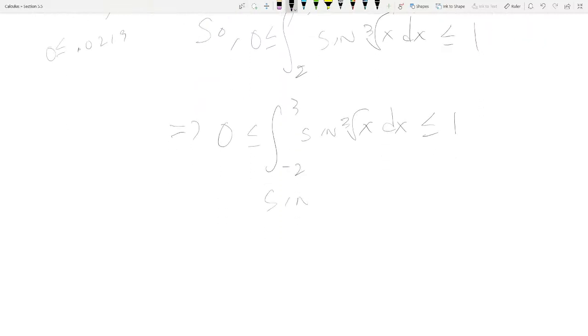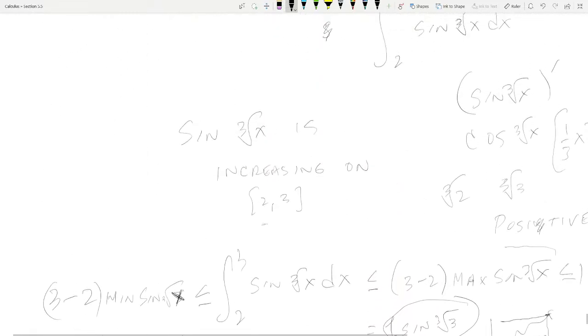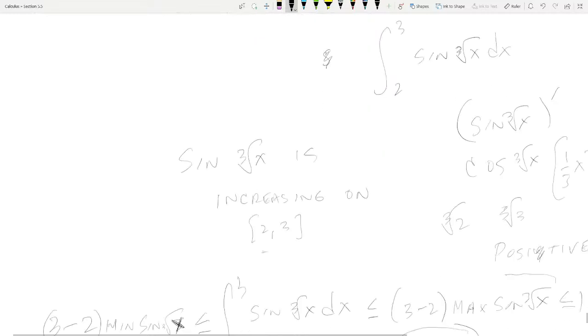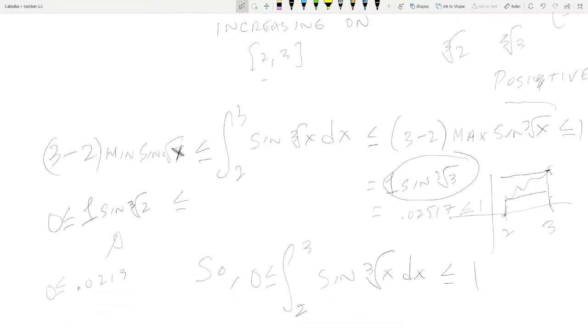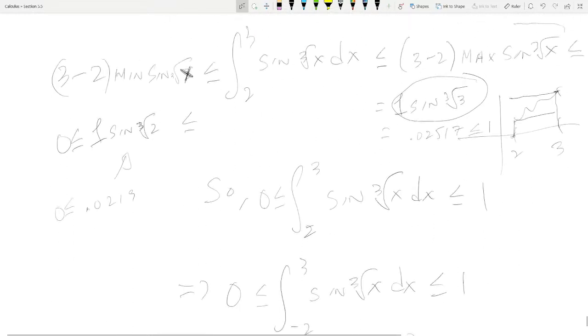And you can add in here that the integral from negative 2 to 2 of sine cube root of x equals 0. Not that smooth here. I could do a little better, certainly could do a little neater, but I'll hopefully talk you through that.